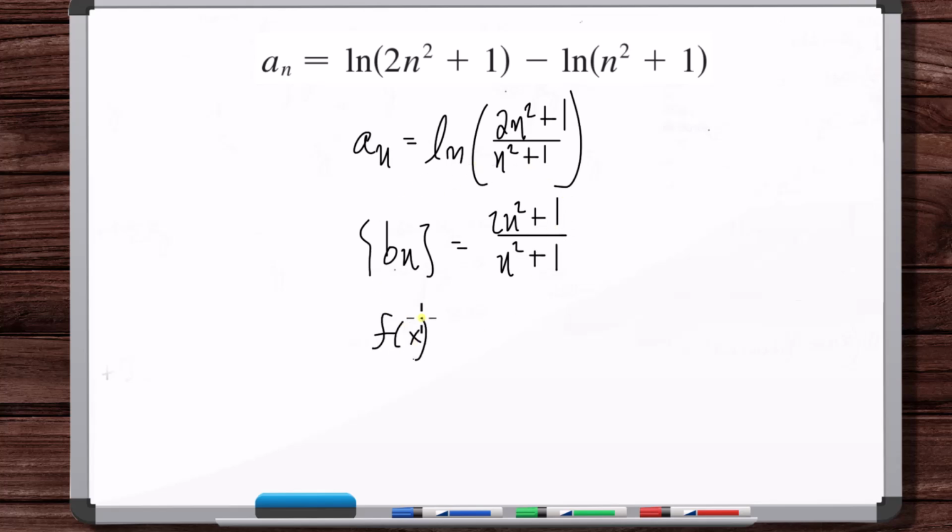Well, if we replace n with x, is there any issue? No. So what is the limit as x goes to infinity of this? We divide the numerator and denominator by x squared.